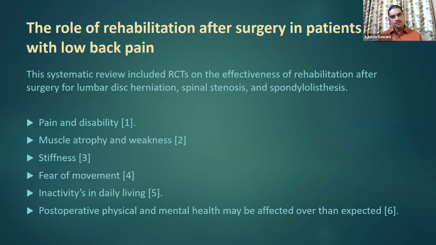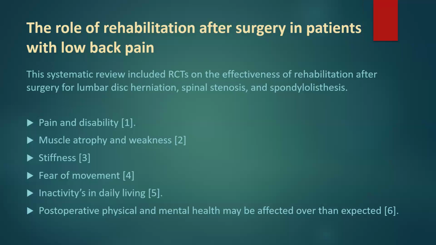Again, the same thing we talk about again and again: reduce pain and disability, avoid muscle atrophy and weakness, avoid stiffness, avoid fear of movement, and avoid inactivity in daily living. So we have to make the patient mobilize and stay active. Post-operative physical and mental health may be affected more than expected, so sometimes we have to counsel the patients also.